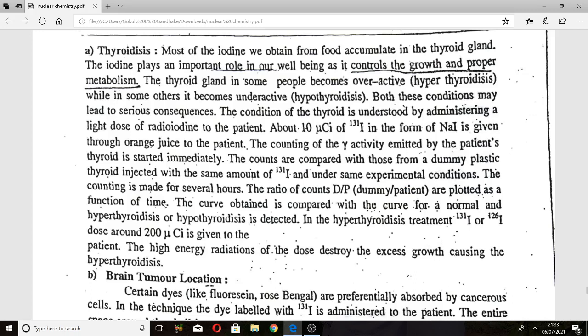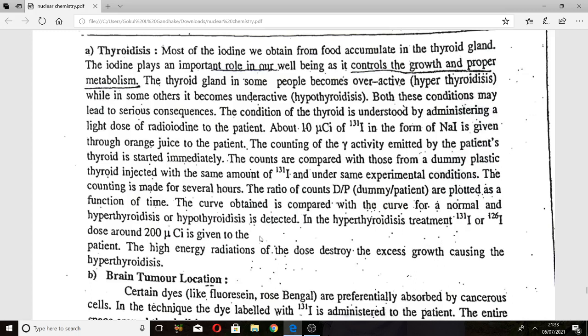The counting is made for several hours, and the ratio D divided by P, that is dummy divided by patient, is plotted as a function of time. The curve obtained is compared with the curve for normal, and hyperthyroidism and hypothyroidism are detected.